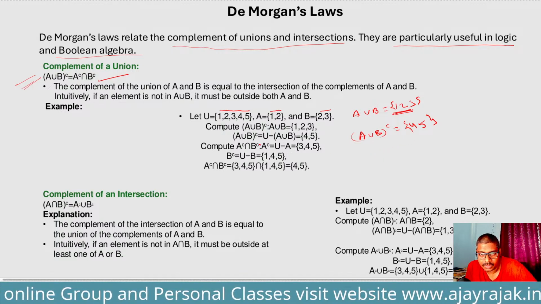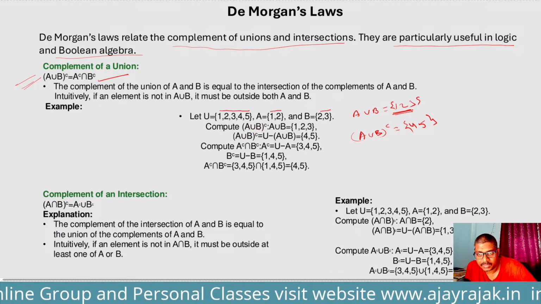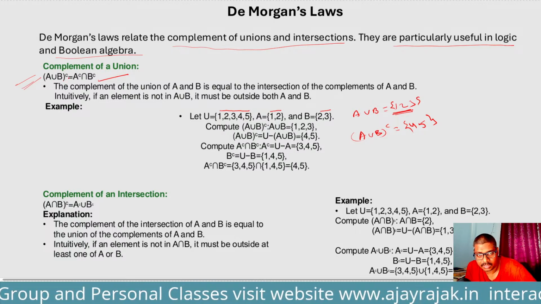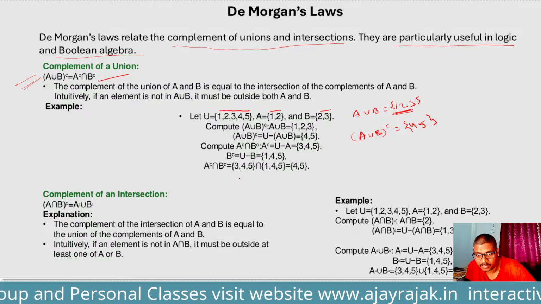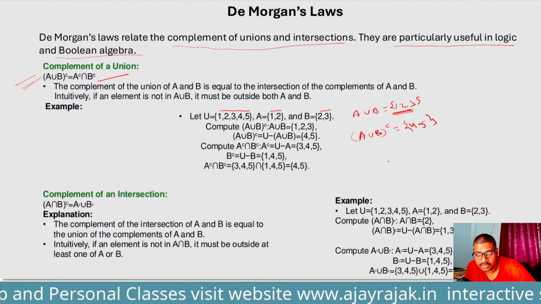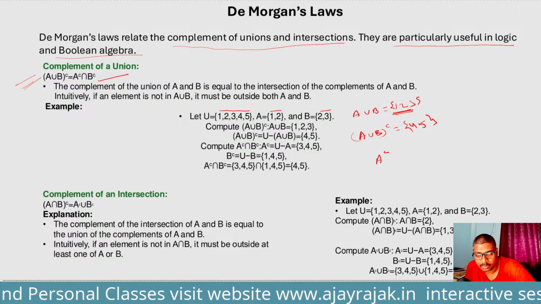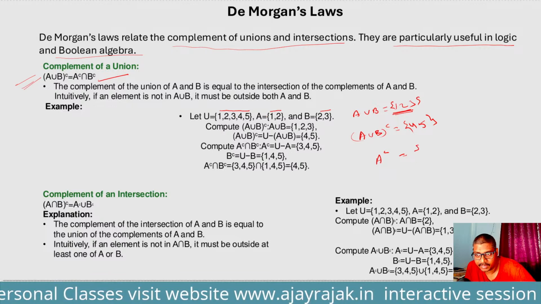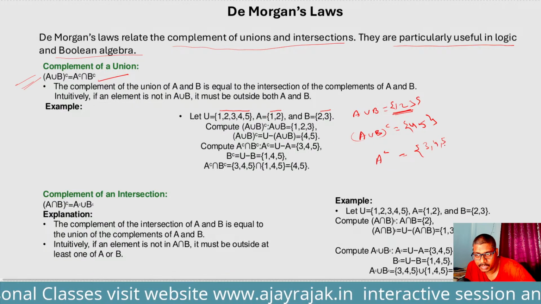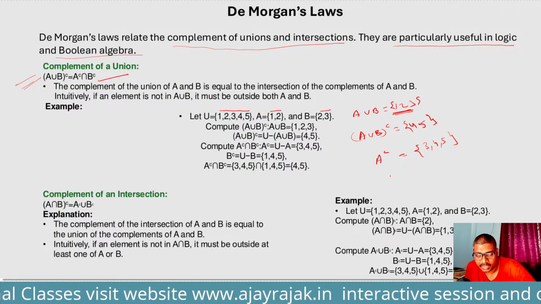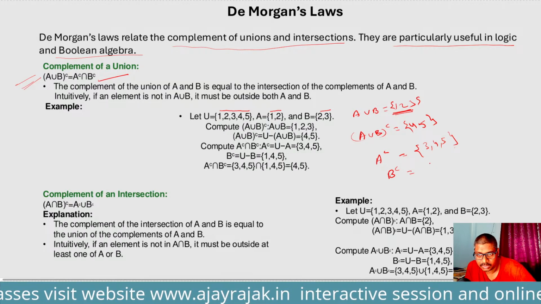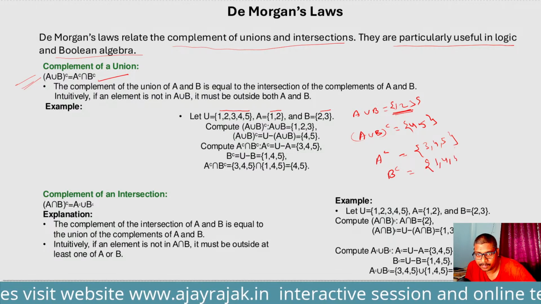Right? So now if we look at the individual complements, A complement is everything except 1 2, which is 3 4 5. And in the same way, B complement is everything except 2 3, which is 1 4 5.